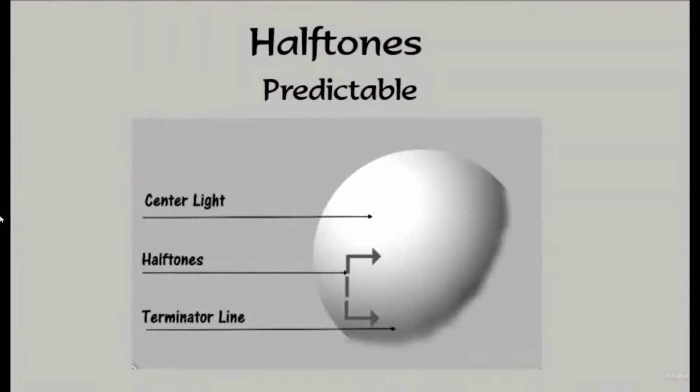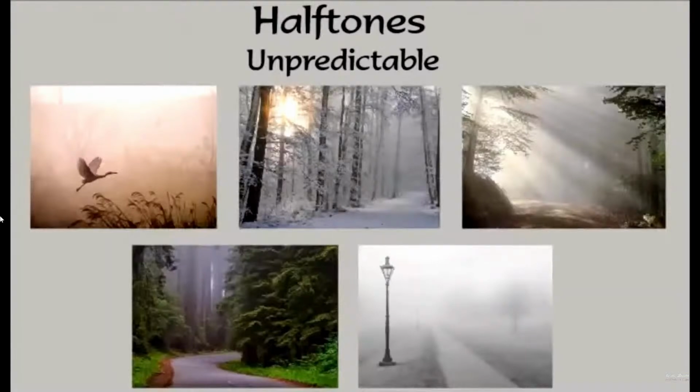And so we have to divide the kinds of halftones into those that are predictable under a direct light source and those that are unpredictable under any other kind of light source.